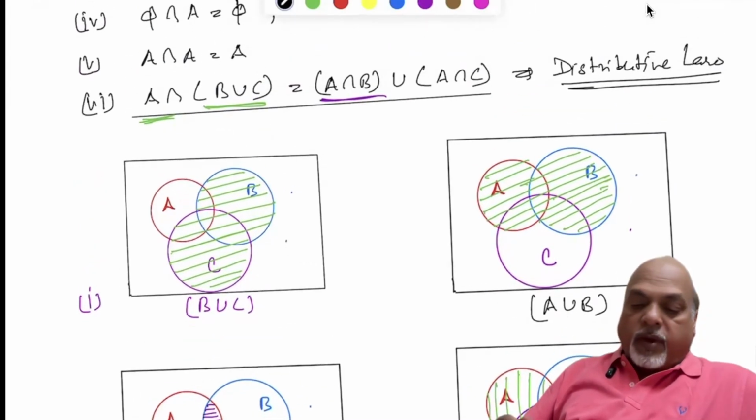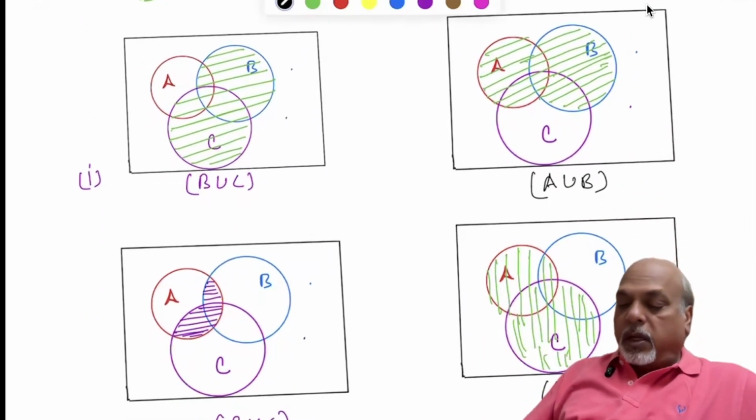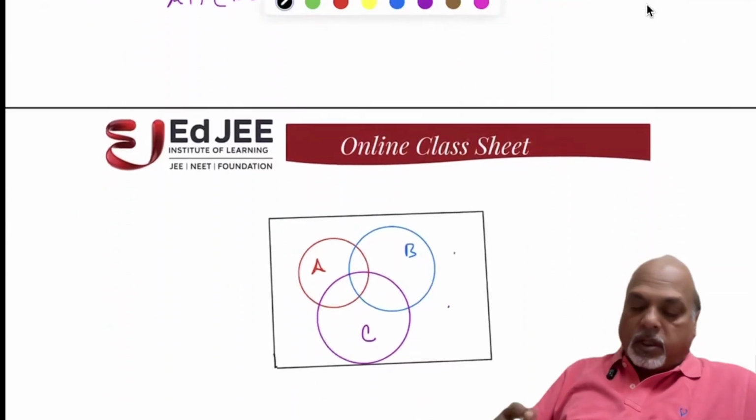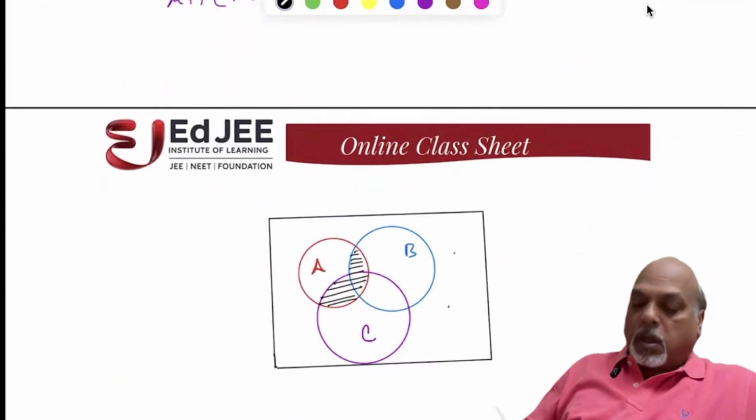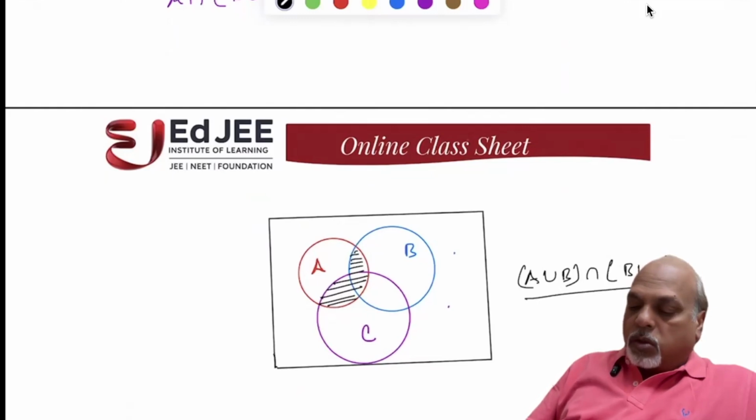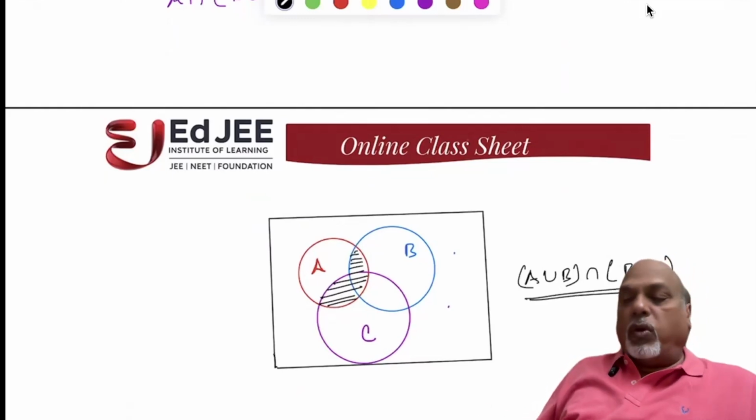Now we have to find out the intersection of these two figures. If you see the intersection of these two figures, you will find this only. This is your A union B intersection of A union C. So through Venn diagram, you can prove it.